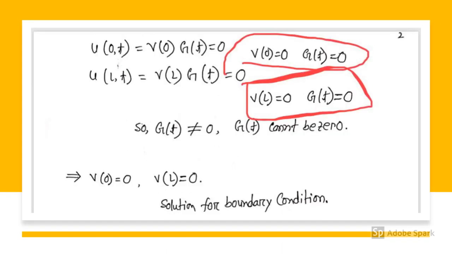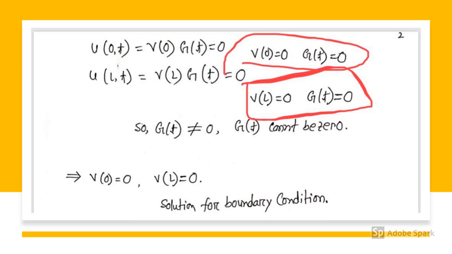Here is a more simplified form. u(0,t) equals V(0)G(t) equals 0, and we can see on the right side V(0) equals 0 or G(t) equals 0, and the other one V(L) equals 0 or G(t) equals 0.